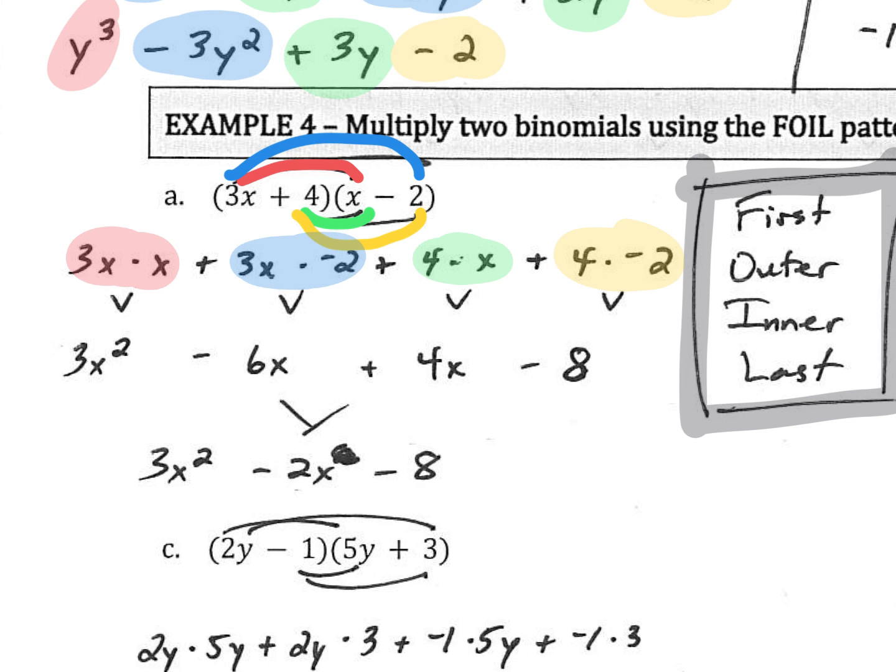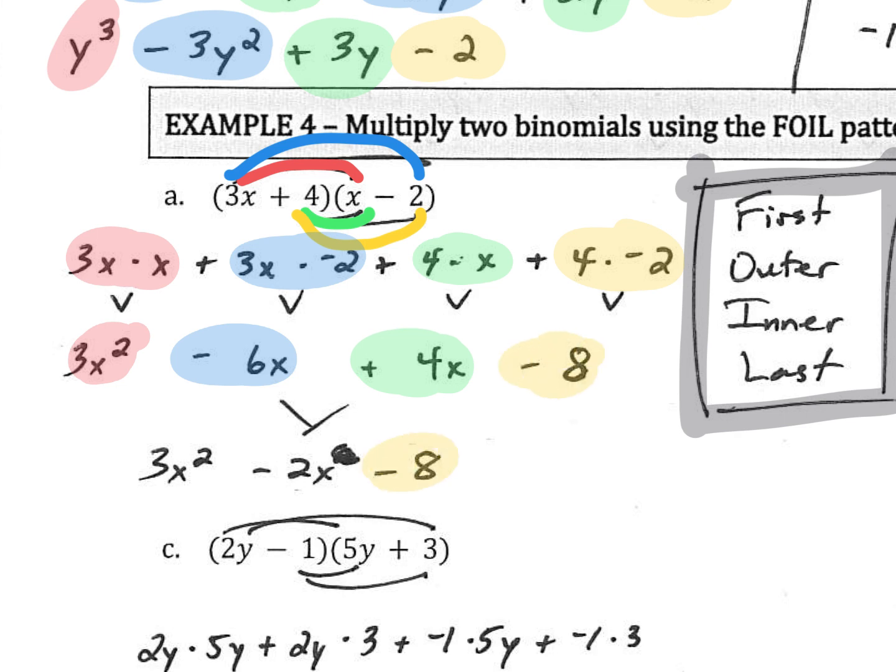Now when we multiply everything together, 3x times x is 3x squared. 3x times negative 2 is negative 6x. 4 times x is 4x. And 4 times negative 2 is negative 8.